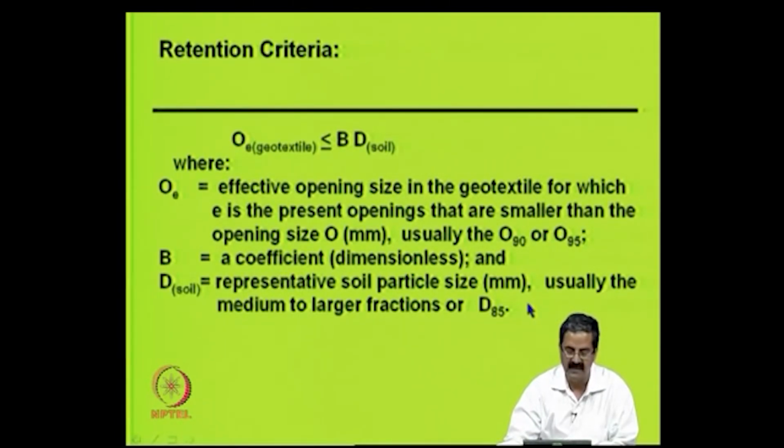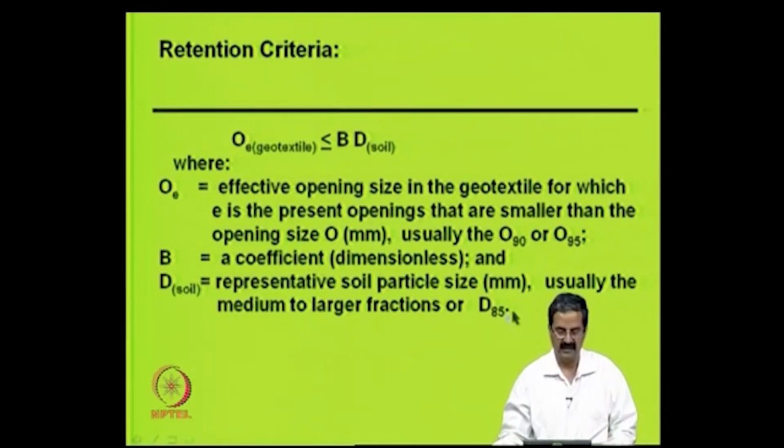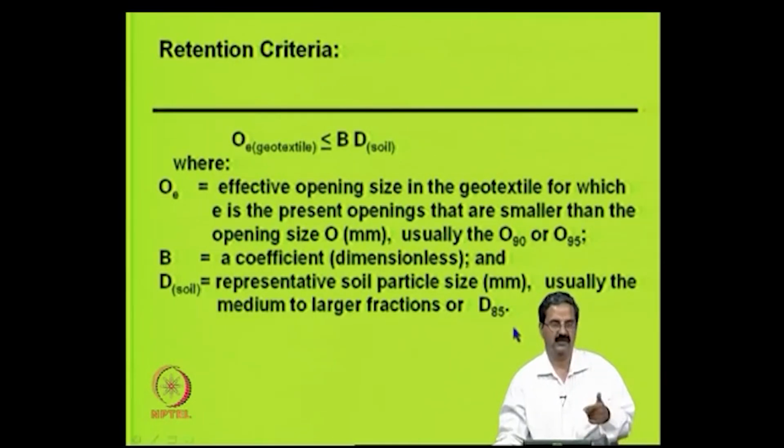Normally, the D soil is a representative soil particle size, usually the medium to larger fractions, larger size particles. In fact, we also defined this in the regular criteria, and it should not allow the soil to go out.